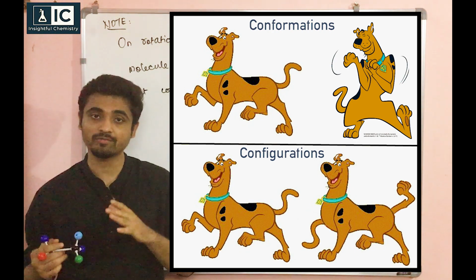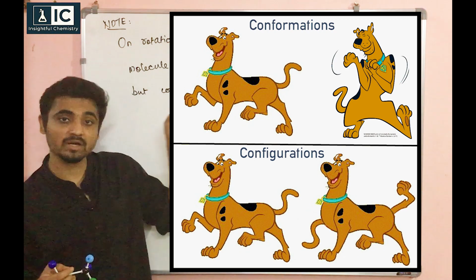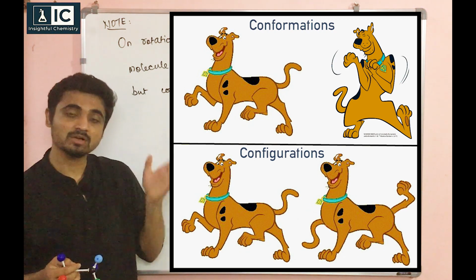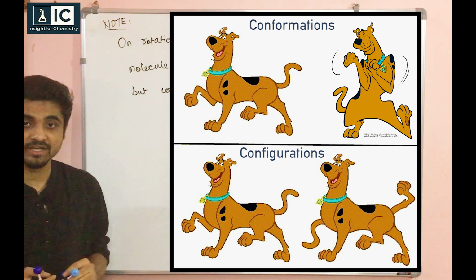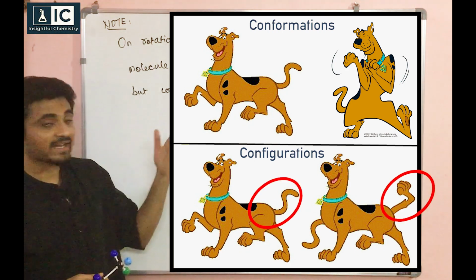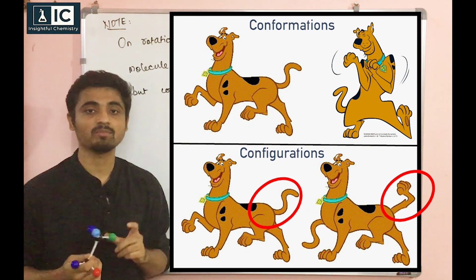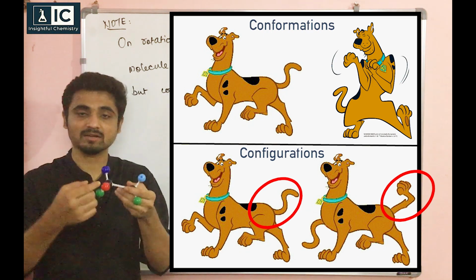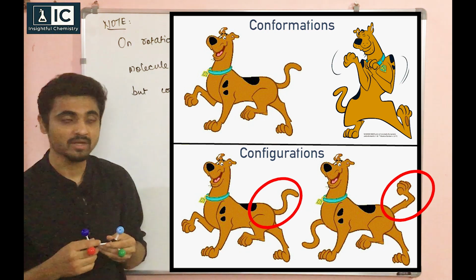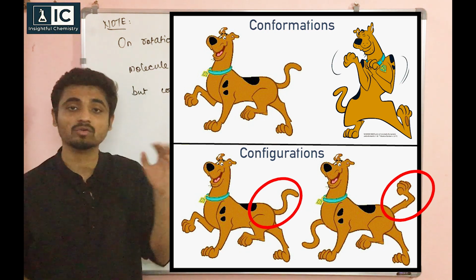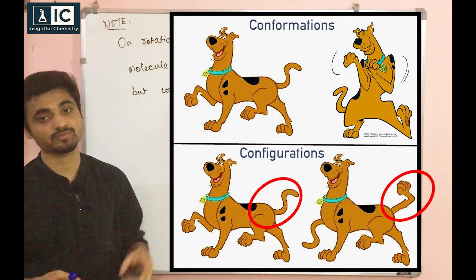You can go from one pose to another pose just by rotation. Keep that in mind. Now come to the other photo, that is configuration. The second image you will get only when you break bonds, as I exchange green and red here. So you break that limb, you break that tail, rejoin them, then you are going to get another configuration of Scooby-Doo.